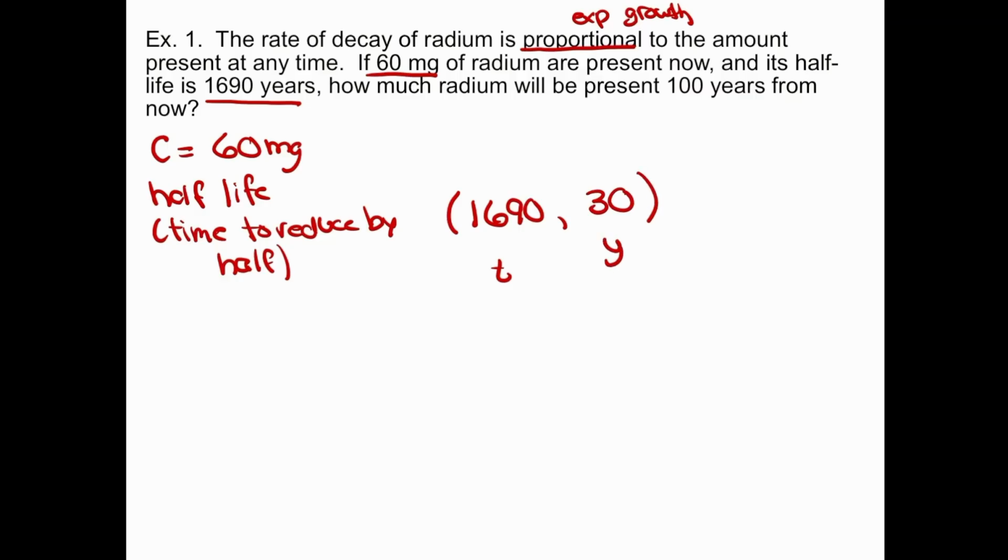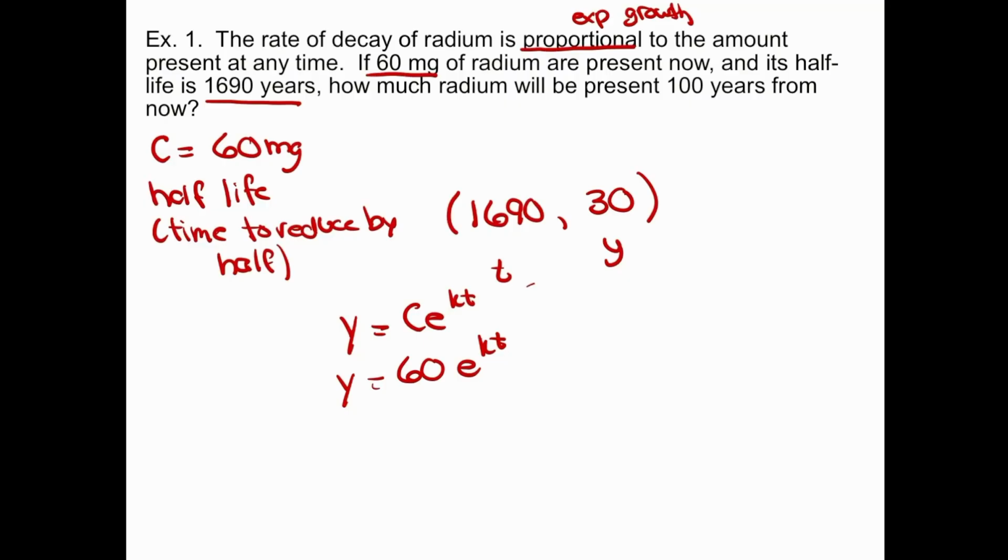That will turn into our amount. So let's start to plug a little bit of this in. We know that y is equal to Ce^(kt). So y is equal to 60e^(kt). Now we can fill in our T and our y values, because we know what's happening down the road.